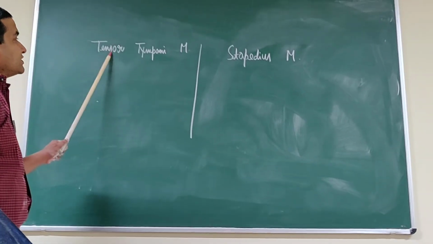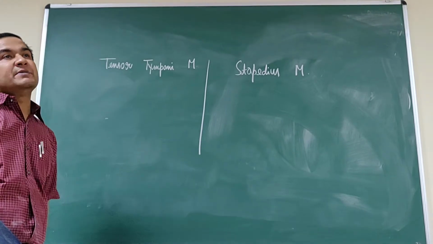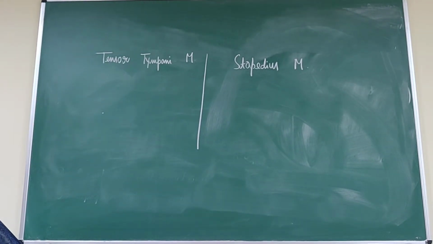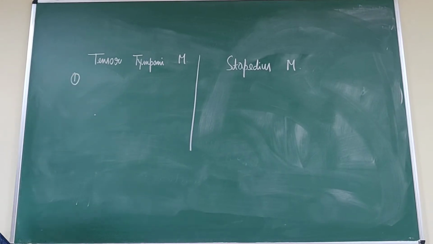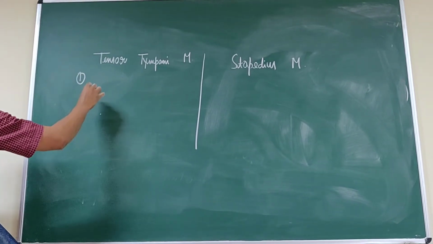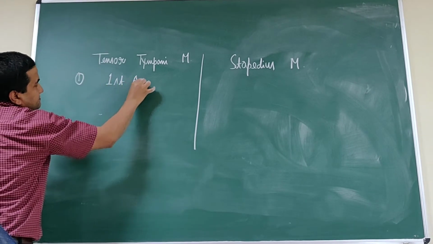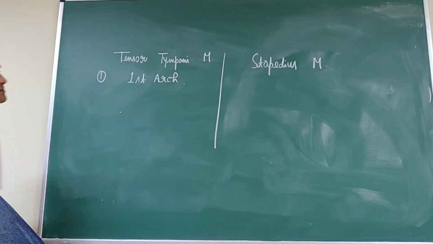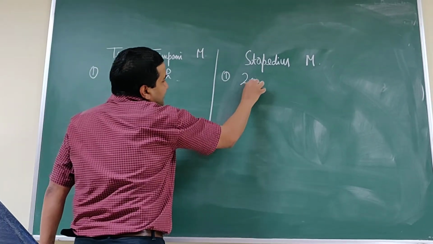Now a brief about the tensor tympani and the stapedius muscles. Both are present in the middle ear cavity. The tensor tympani muscle, as we know, is present in the anterior wall, and this muscle is derived from the first arch, while the stapedius muscle is derived from the second arch.